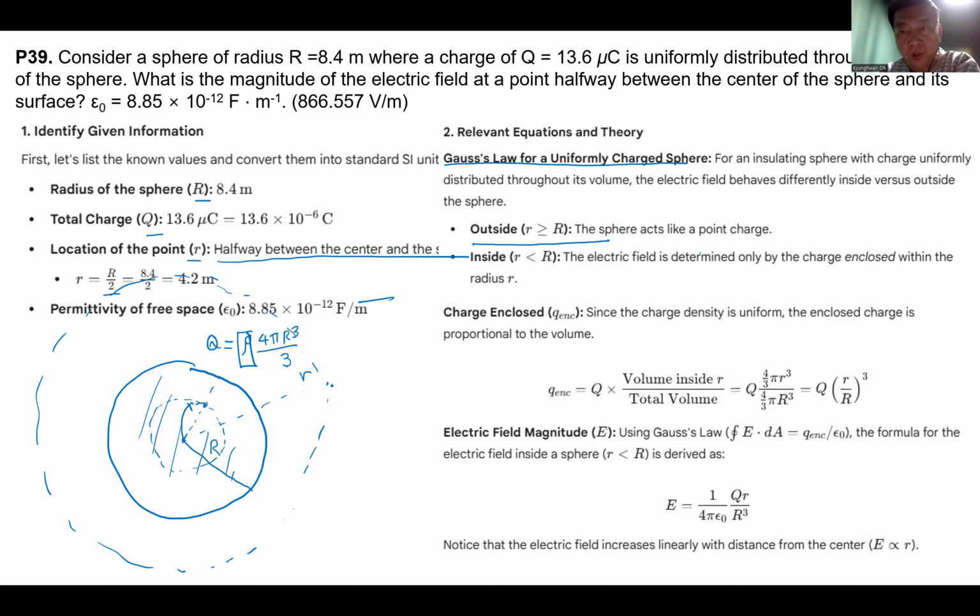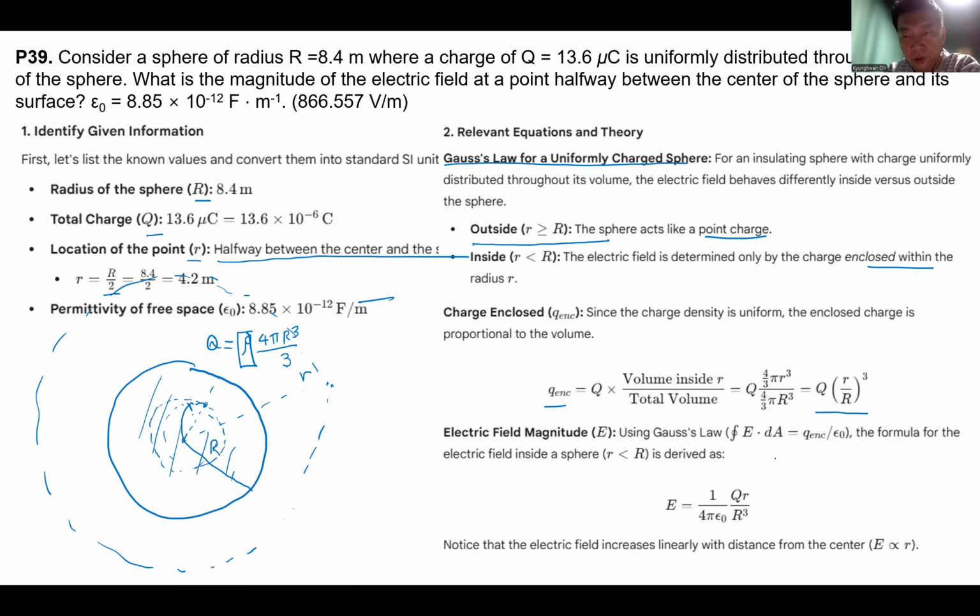It acts like a point charge. And inside, the electric field is determined only by the charge enclosed within the radius r. So we have to think about the charge enclosed within this sphere of radius r, and that's been already done in the previous examples. It's given by this one.